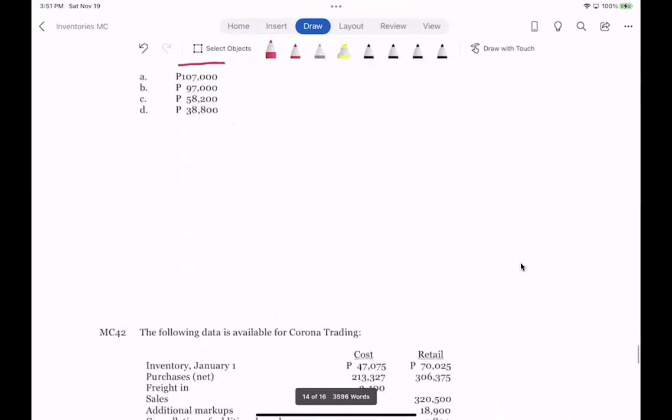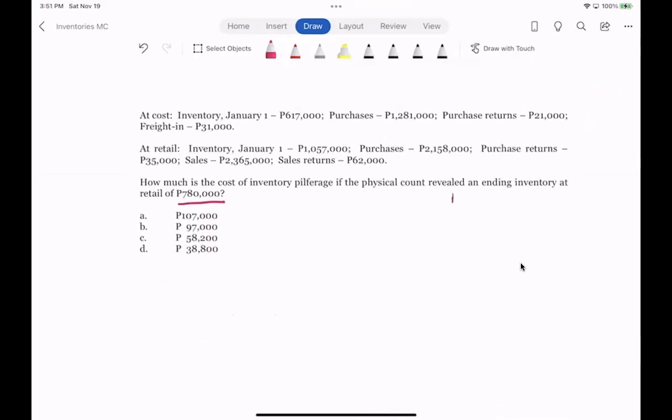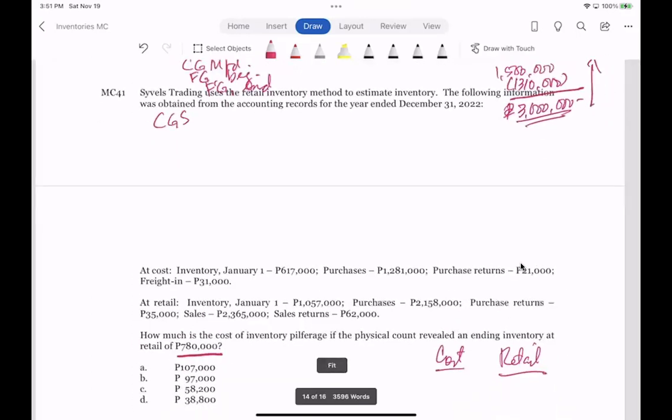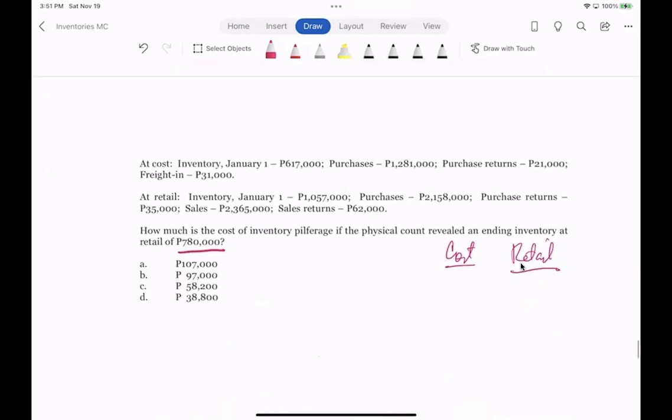Okay, so we maintain two columns, at cost and at retail. January 1 inventory, we have 617,000. Purchases for the period amounted to 1,281,000.